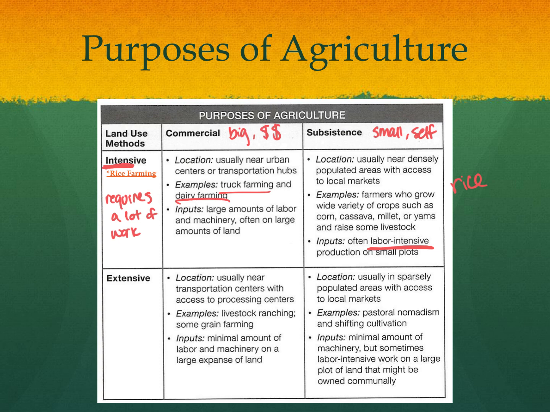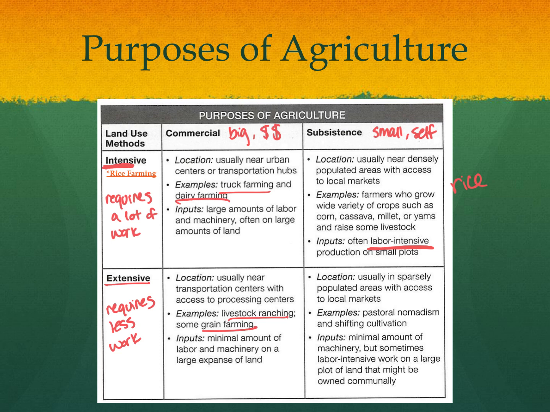That's intensive subsistence, okay? And then on the opposite end, you have extensive, which requires less work or inputs, okay? It requires less hard work, I guess, from people. So on a commercial scale, that would be like livestock ranching and grain farming. Grain farming has a lot of machinery that can do the work for the people.